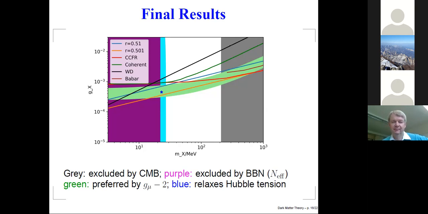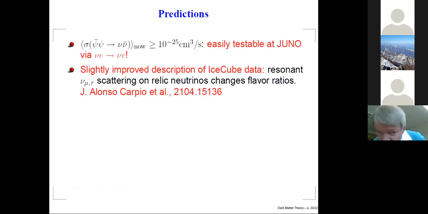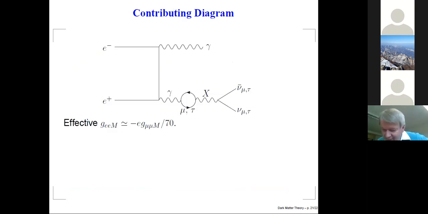Could you move to page 21 for the e plus e minus collider thing? This one? Yeah. So I'm more concerned about the background.